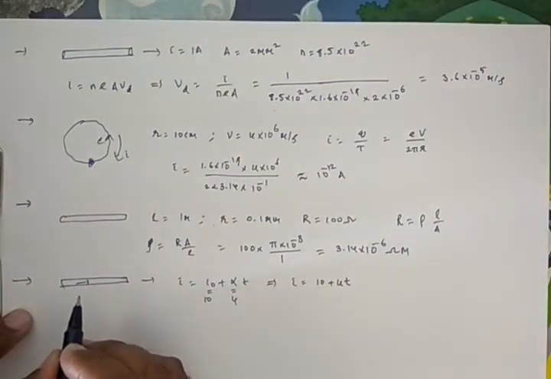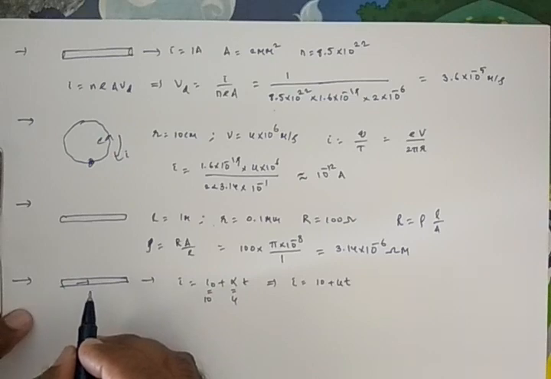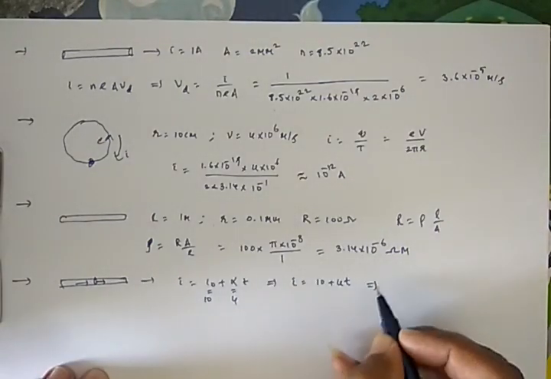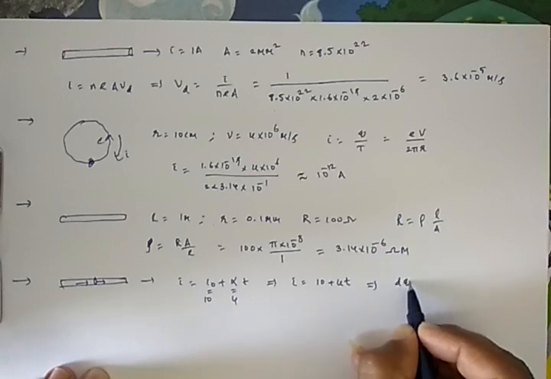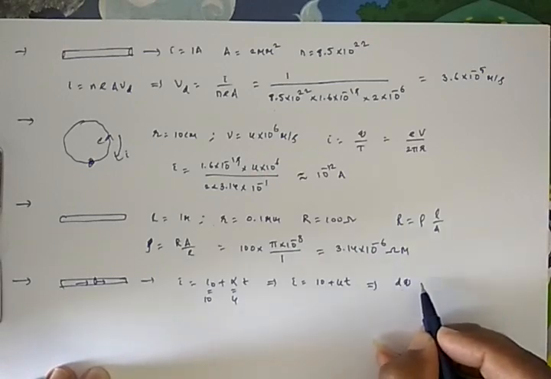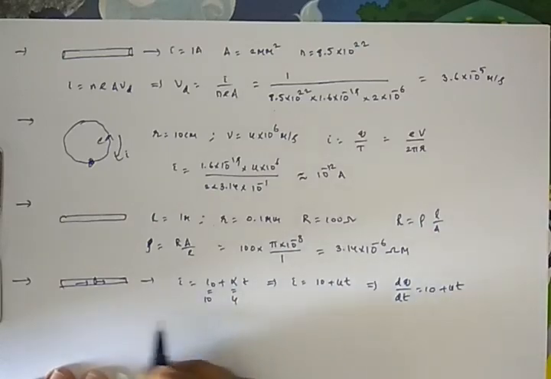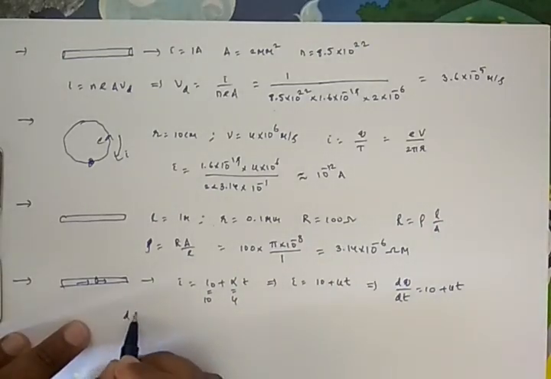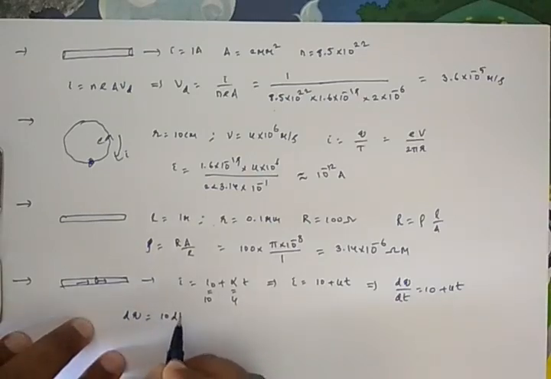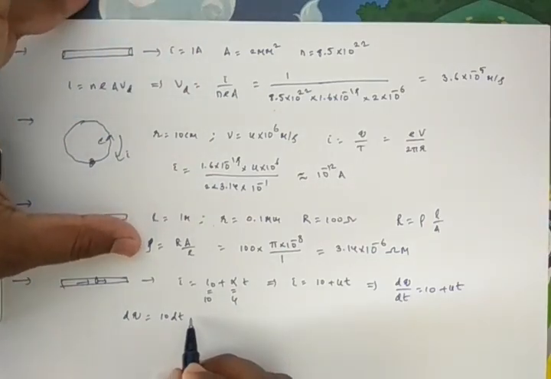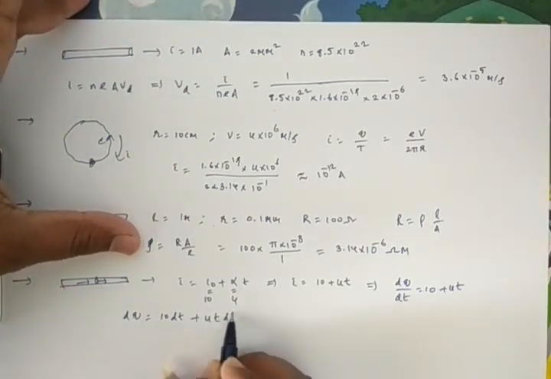So now we want to find the charge that is crossing through a section of this wire in 10 seconds. So now you can write I as dq by dt, so dq by dt equals 10 plus 4t, then dq equals 10 dt plus 4t dt.